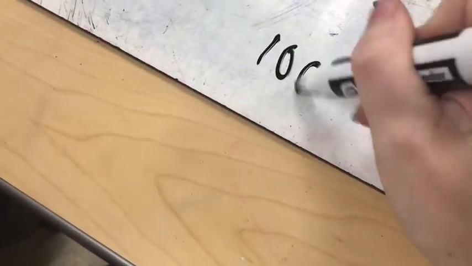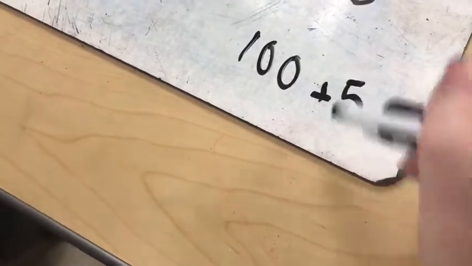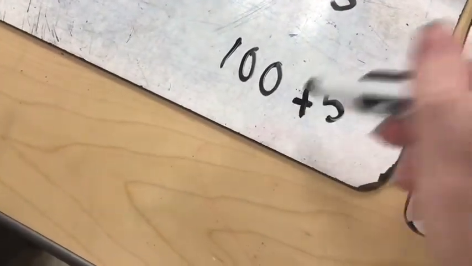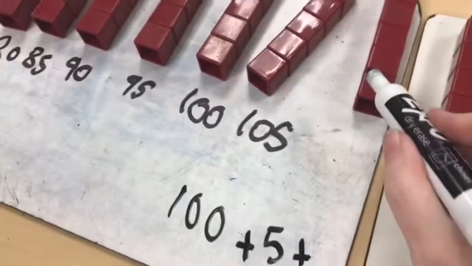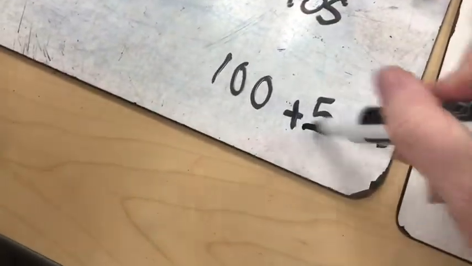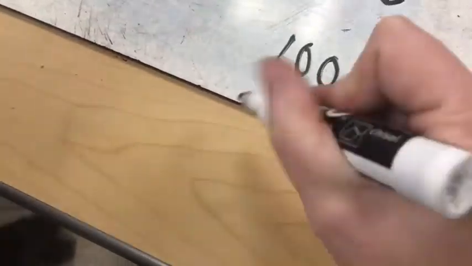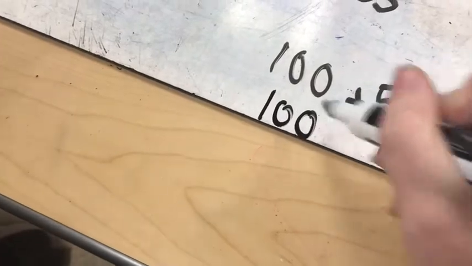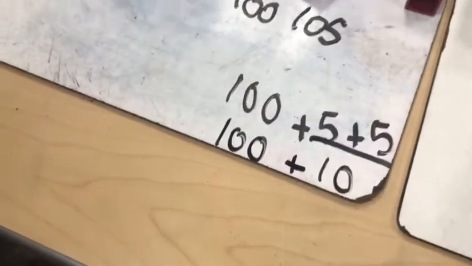Yes. So I know 105 means that I have 100 and then I have 5 more, right? That's supposed to be a plus. And then I'm going to add this next group of 5, right? Julia, do you know 5 plus 5? Do you know that one? 10. So then can't I also just think of this as 100 plus 10?